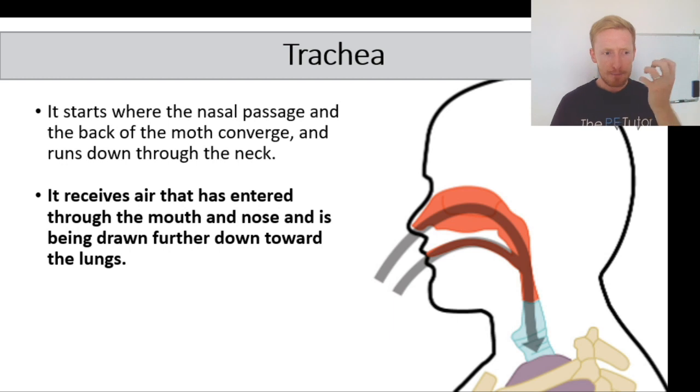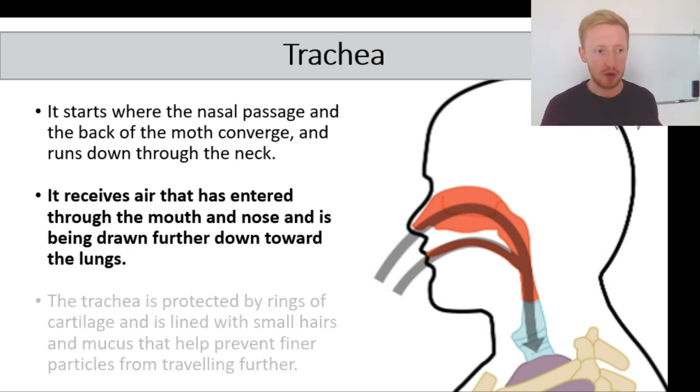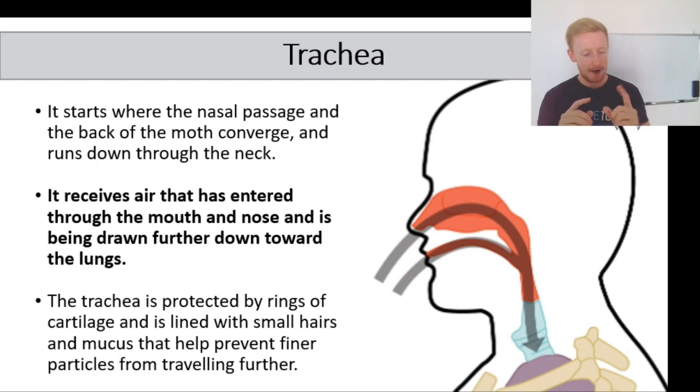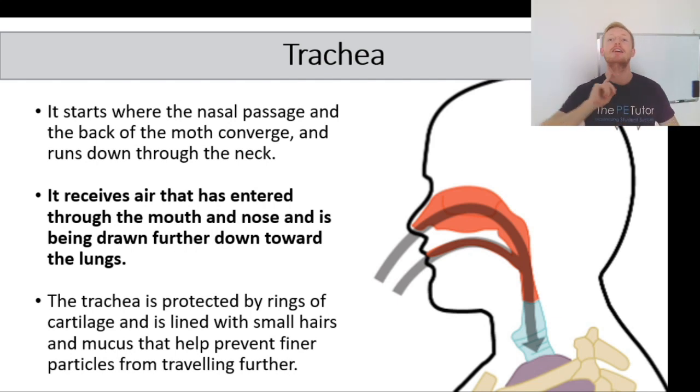Now, an important feature of the trachea is that it's ringed with cartilage. So these thin rings, almost like calamari, that sort of shape and size, ring our trachea and help keep it open. We've got this semi-rigid structure that can respond to different movements.